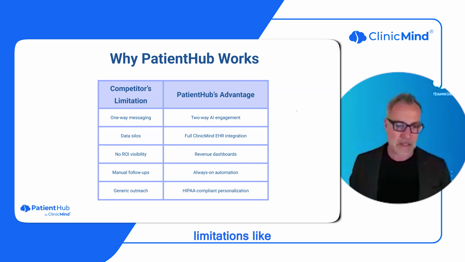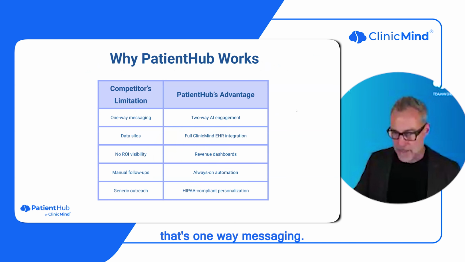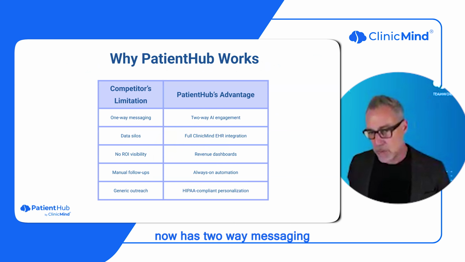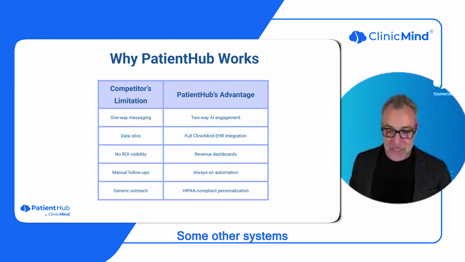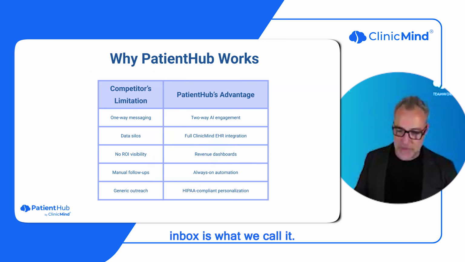Competitors' limitations, like I just mentioned, that's one-way messaging. PatientHub now has two-way messaging and AI engagement. Some other systems have two-way messaging, but do they have multi-channel communication? Unified inbox is what we call it.